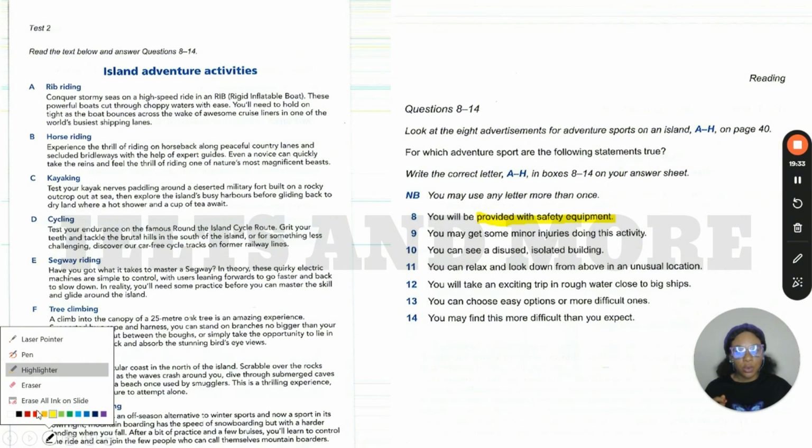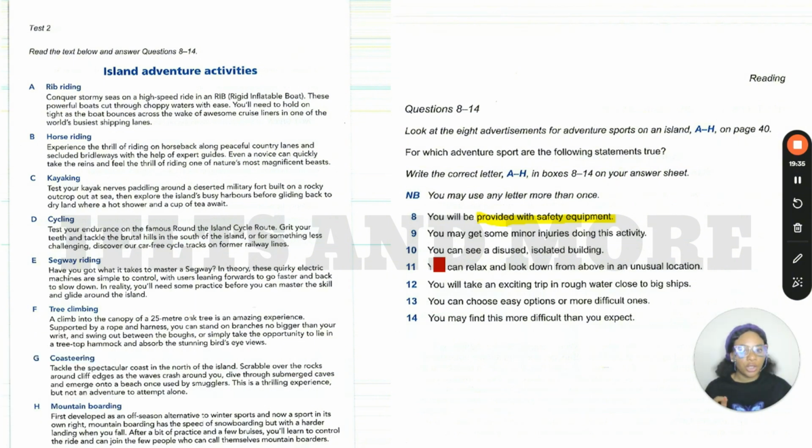Then the next one, in number 9, you may get some minor injuries. So like I said, try to think of synonyms. So minor injuries can be small cuts, can be little wounds, it can be anything, okay?